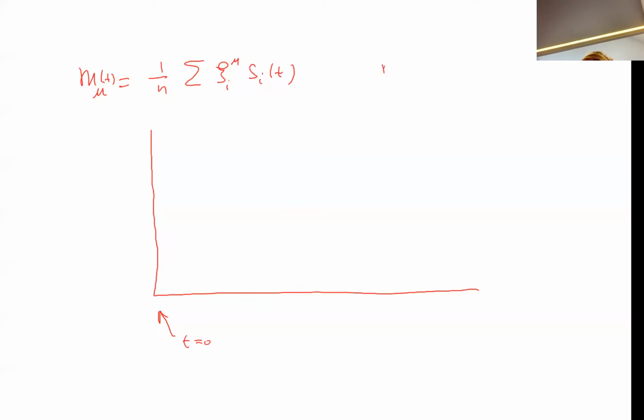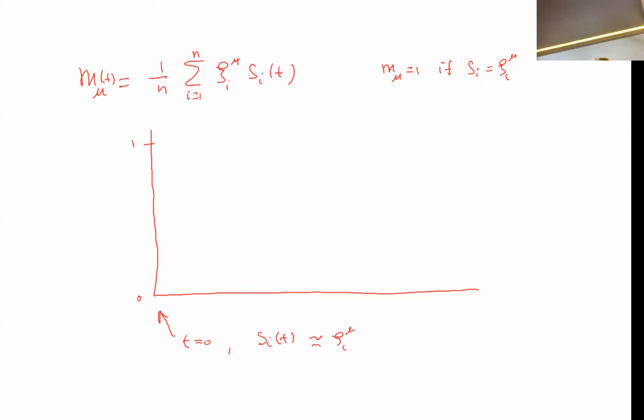Remember that m_mu equals 1 if S_i equals squiggle I mu, because squiggle I mu squared is 1, summed over i equals 1 to n. If you start at t equals 0, S_i of t is close to squiggle I mu, not exactly, if some bits are switched. This is at most 1; it starts off, it could be 0, it could actually be -1.